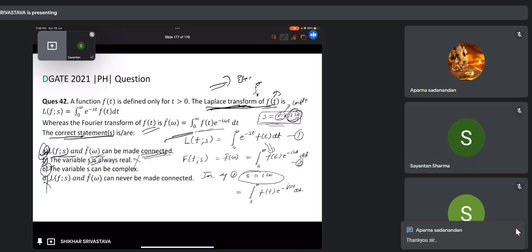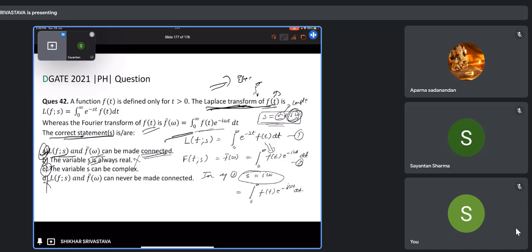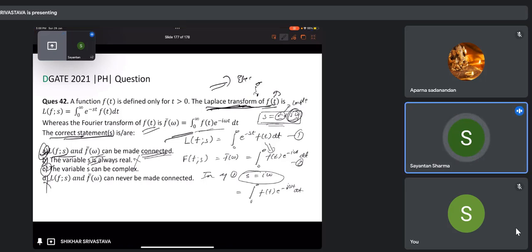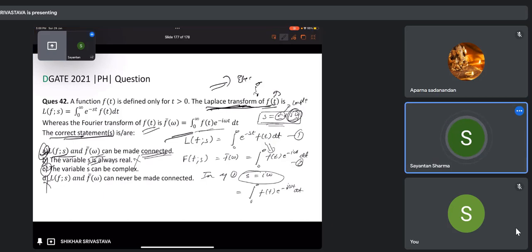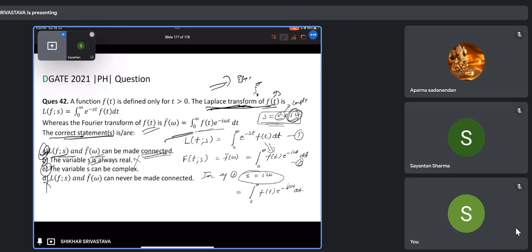Good, thanks. So how is the preparation going? When is the exam? The 11th. Right now you must be practicing questions only. The syllabus must be covered, no? Yes. So you can just solve questions easily.